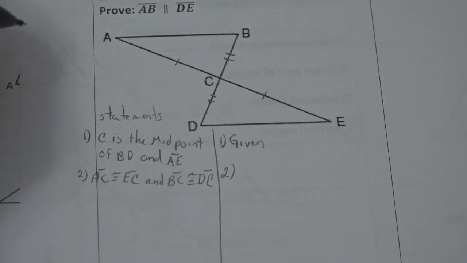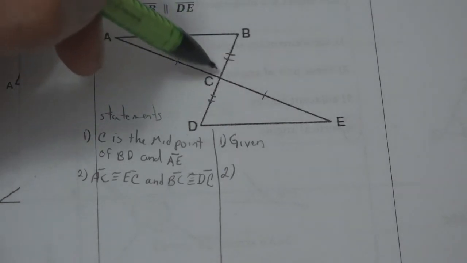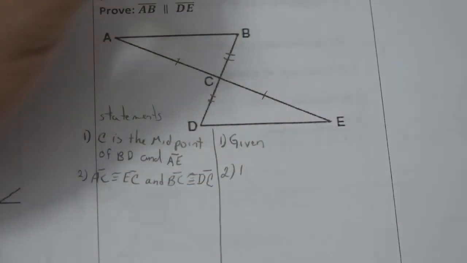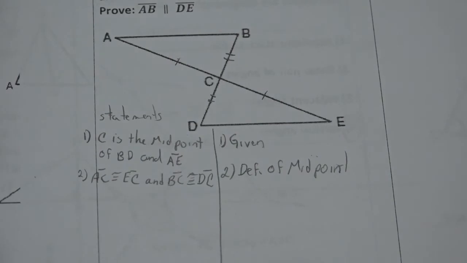Now the reason, why did I say that these segments were congruent? Because they told us that C was the midpoint. So you don't have to say because this is the midpoint, then the segments. No, all you have to write is definition of midpoint. Okay.